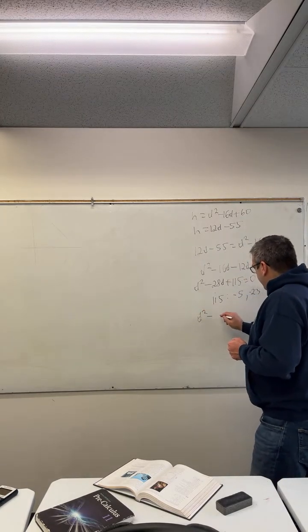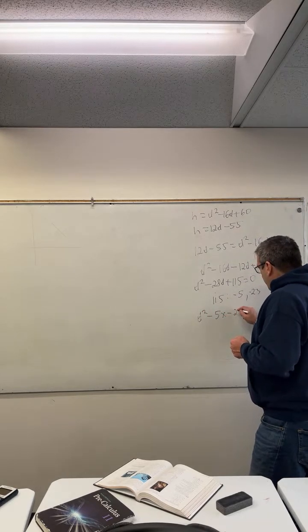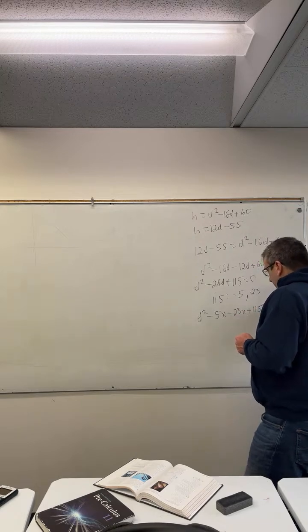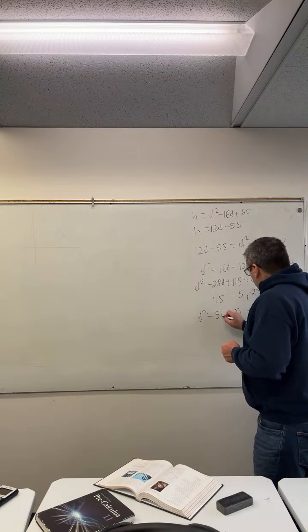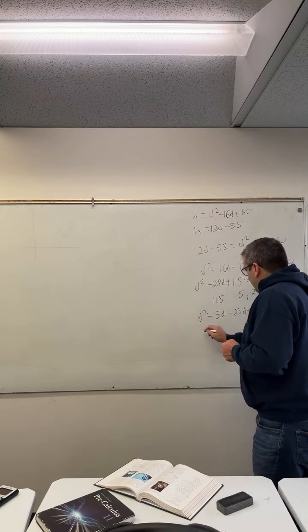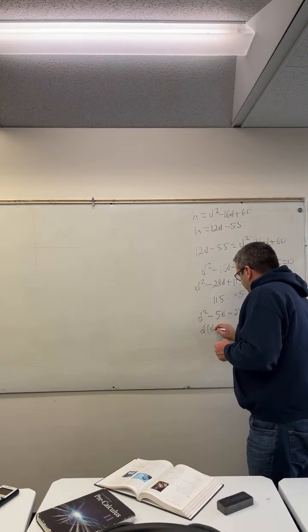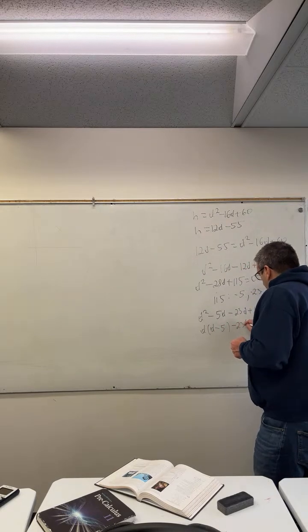So D squared minus 5D minus 23D plus 115 equals 0. Oh, it's D, not x. So then we factor D: here we have D minus 5, here we factor negative 23, and we get D minus 5.